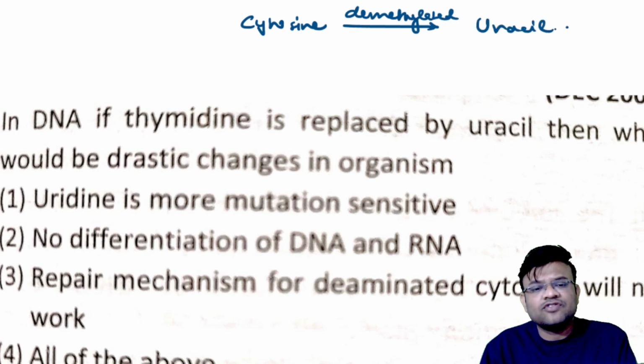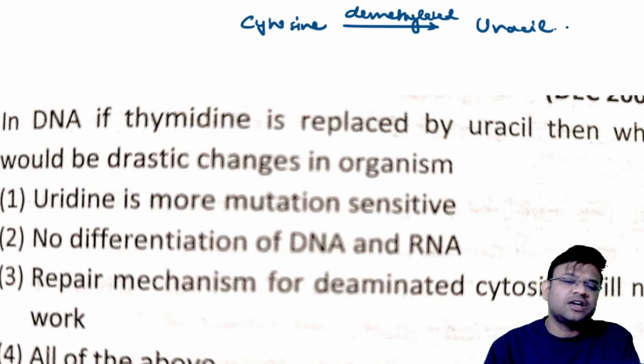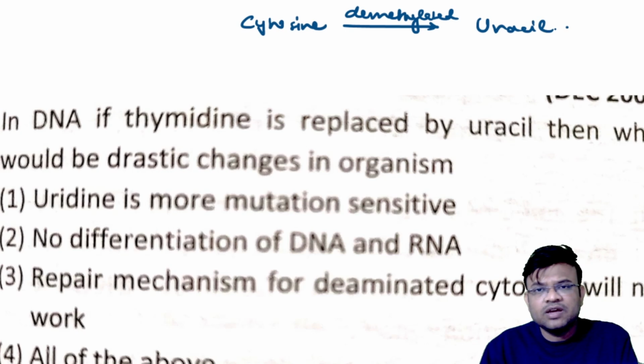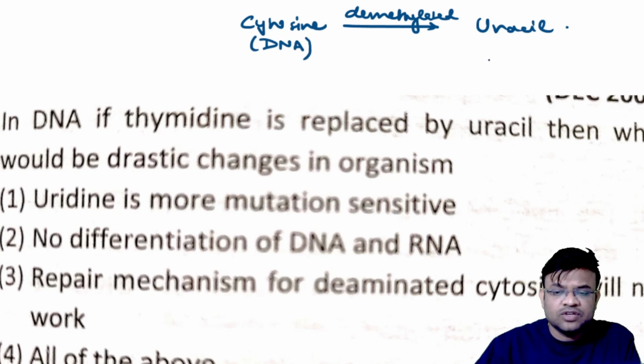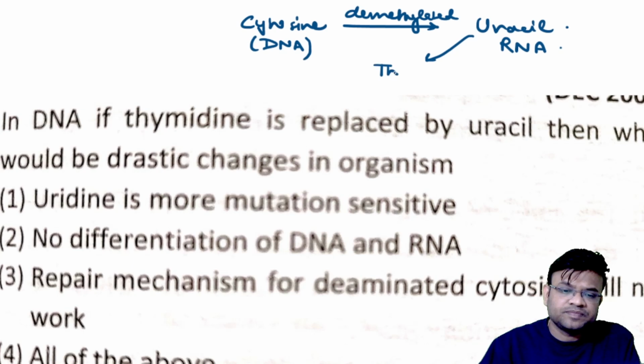That means the appearance of both of these nitrogenous bases would be the same. That means cytosine, when it is deaminated, will create uracil. And you already know that thymine is present in DNA and uracil is present in RNA. Furthermore, the complementary base to uracil in DNA is adenine.